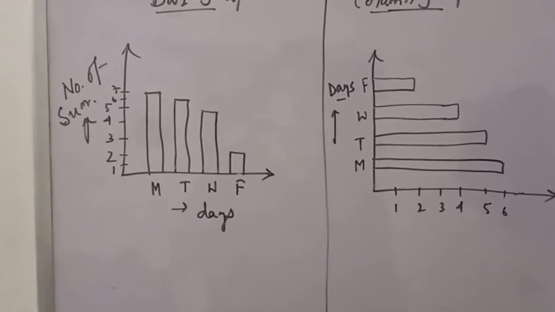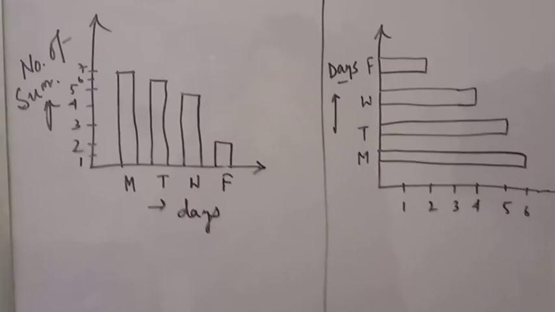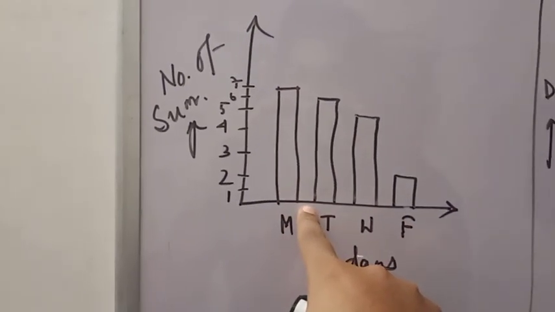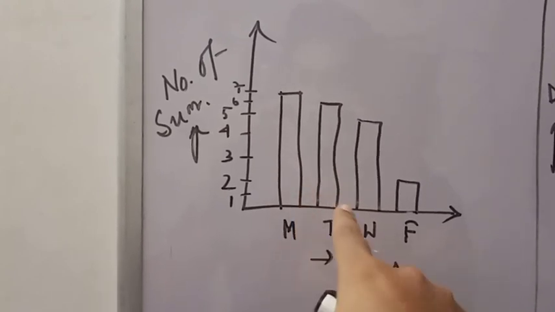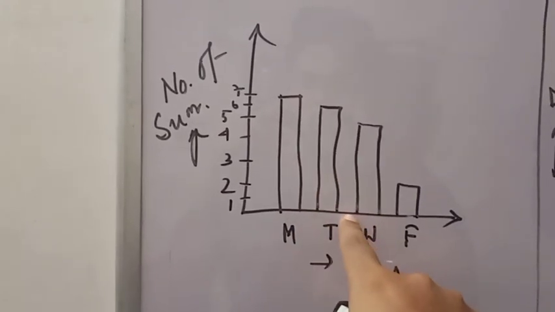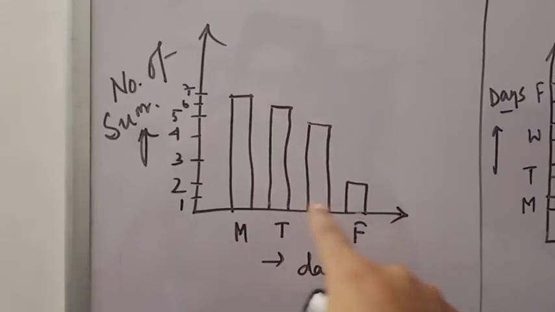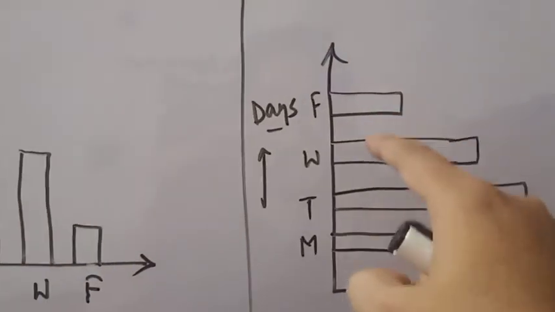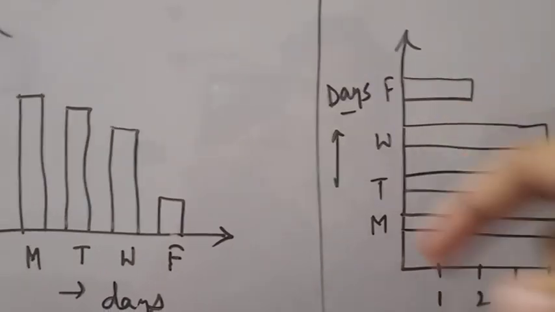Now, the first condition of drawing bar graphs: all are rectangles, but there is some space between them, and the spaces are similar to each other. This space, this space, this space are similar to each other. The equal space. Okay. For this also, the space is always similar from one bar to another.